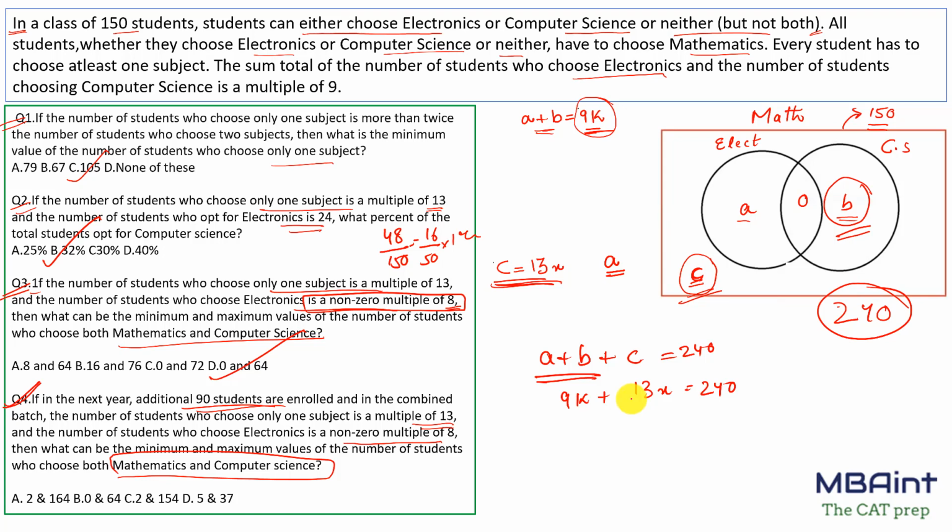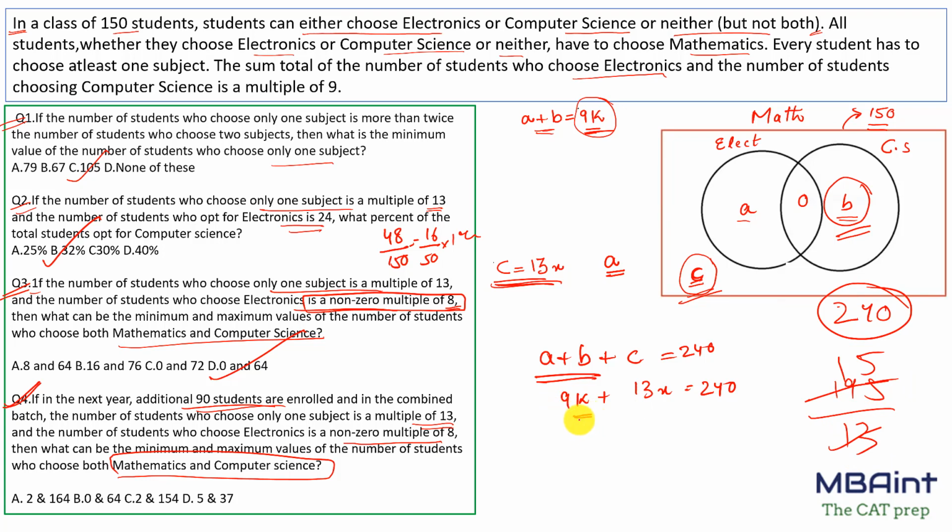Again, it's not a multiple of 13. Similarly, if we take 36, we get 204. Is it a multiple of 13? No, it's not a multiple. But if I take 45, that would be 195. K equals 5, 195. Is it a multiple of 13? Yes, it is. 65. So yes, it is.